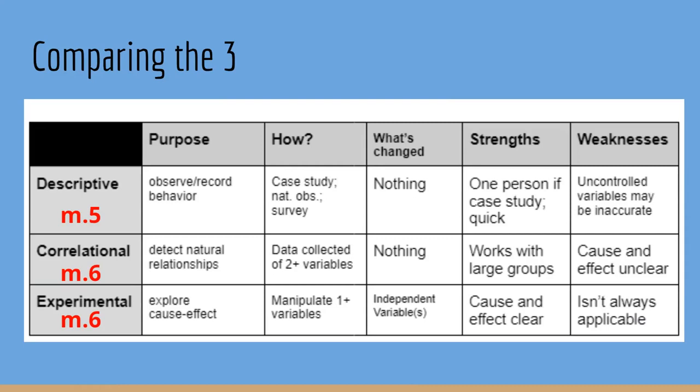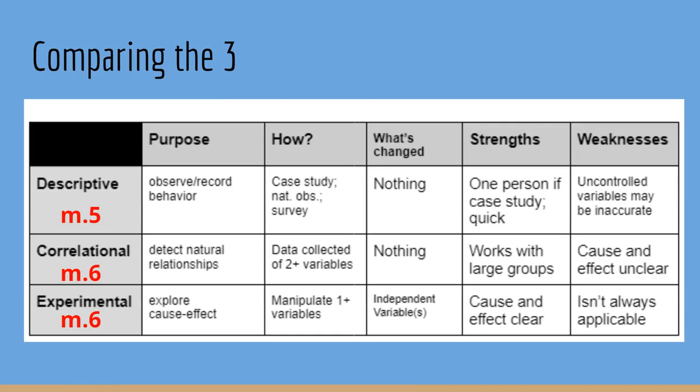All right, well, how do you do these things? Well, for descriptive, you can do a case study, remember? Naturalistic observation, basically like spying, remember? And then surveys. Correlational, you just detect that by collecting 2 or more variables. But that's all you're doing. You're not changing anything.